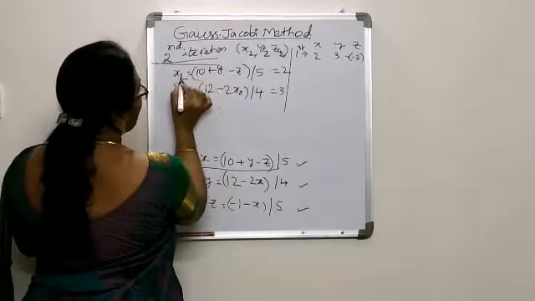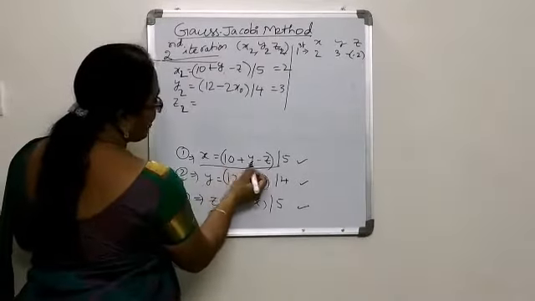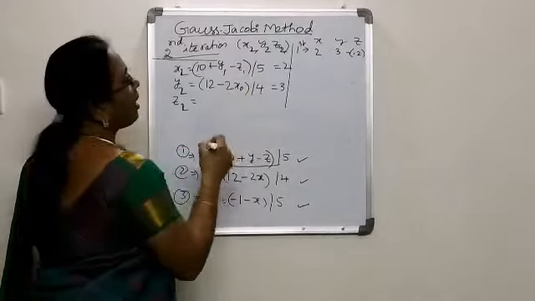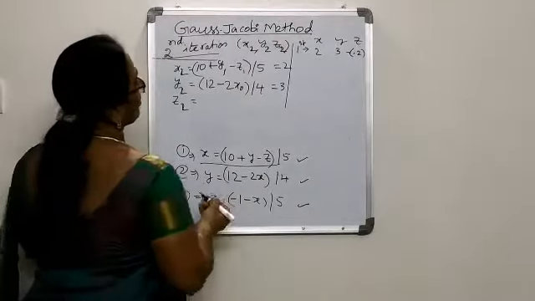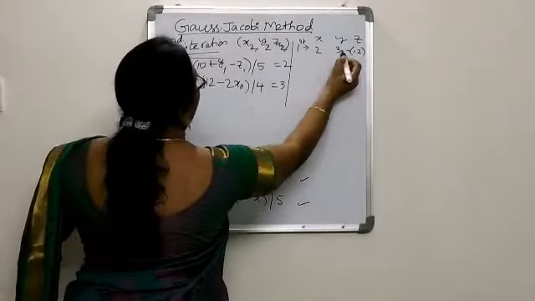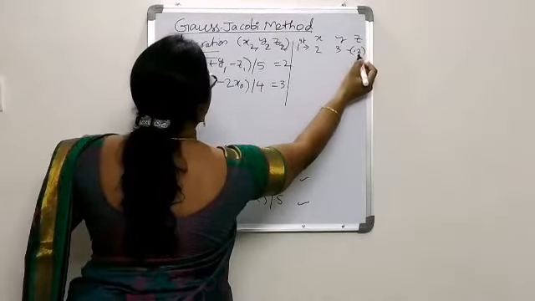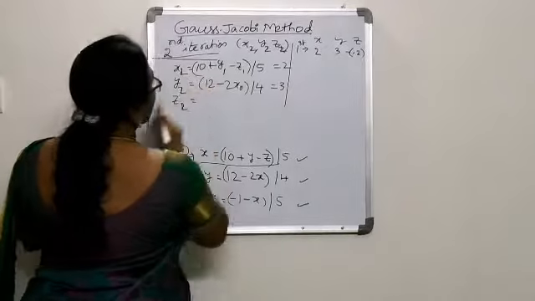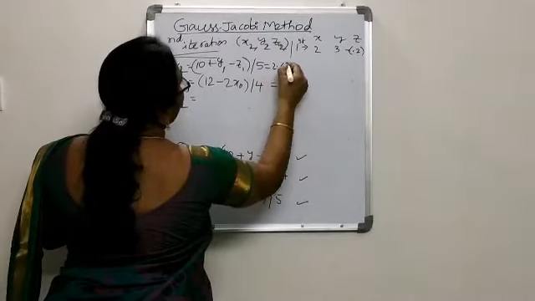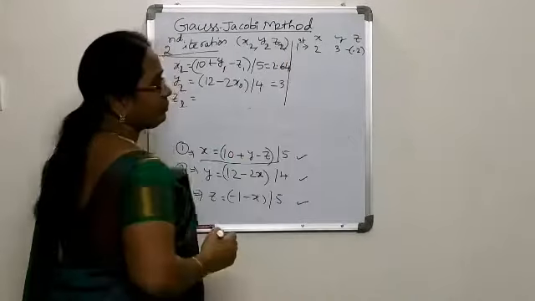So we take x2 equal to (10 plus y1 minus z1) by 5, because y1 and z1 are known from the previous iteration. After substituting y1 equal to 3 and z1 equal to minus 0.2, we get x2 equal to 2.64.